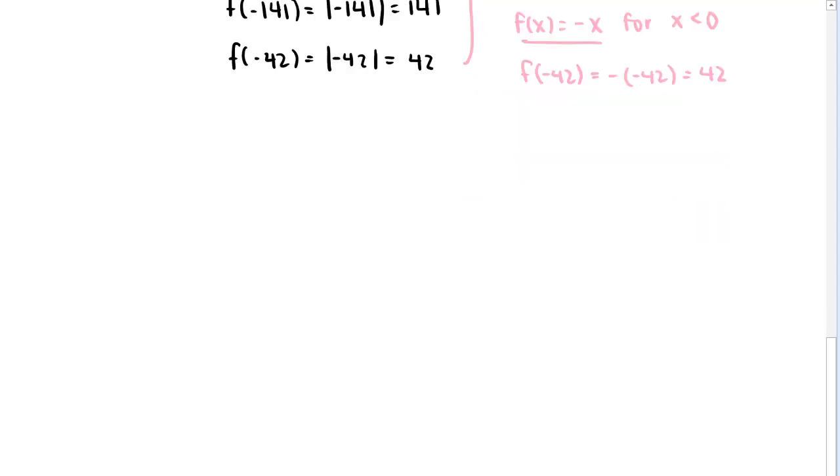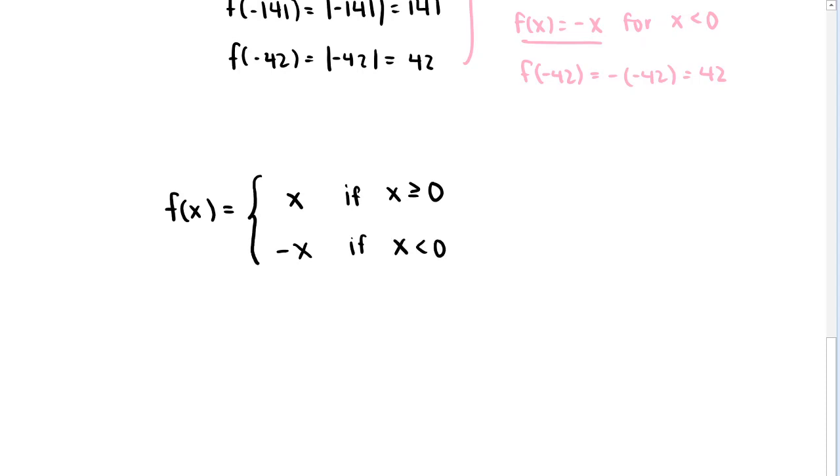So another way you might see this piecewise function expressed, the absolute value of x, is in the form f of x is equal to x if x is greater than or equal to 0, and negative x, negative the input, if x is less than 0.